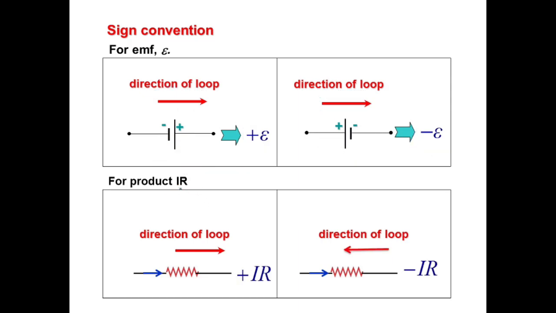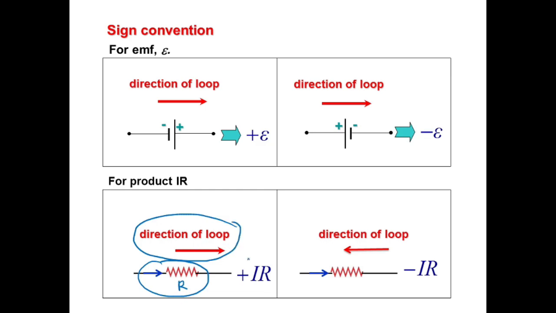For the product of IR, the product of current and resistance, we have to compare the direction of current inside the resistor. For example, we label the current flow in the resistor toward the right. We compare the direction of current in the resistor with the direction of the loop.